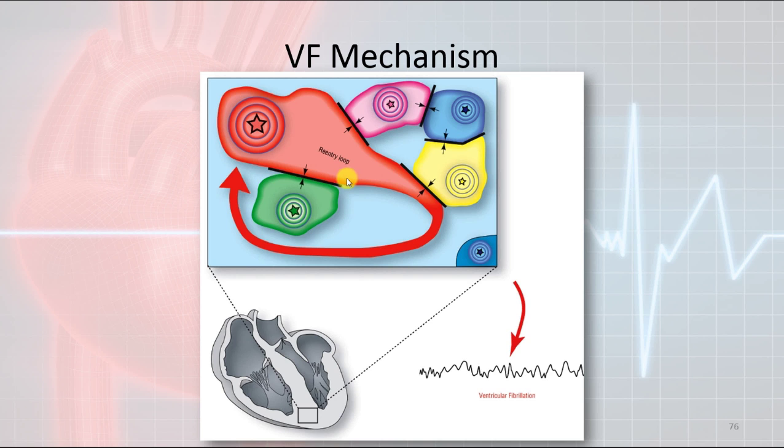So the mechanism behind VFib, if you look at a little area right here, what happens is you can end up in a re-entry circuit here, but each one of these stars is an attempt to depolarize the ventricle. Each one of those stars is a depolarization that the monitor picks up, and as you can see here, there is no organized activity whatsoever.